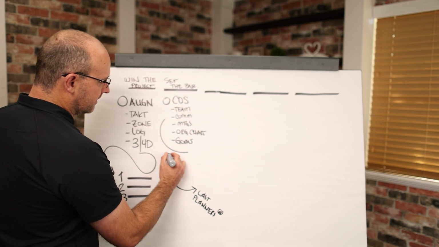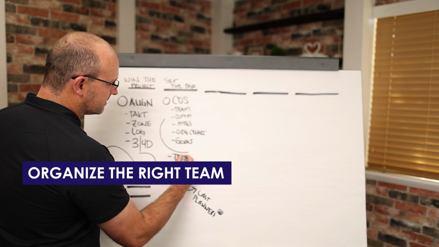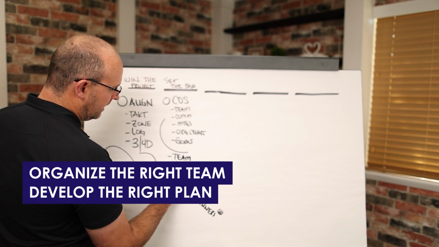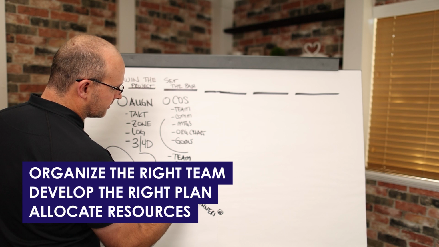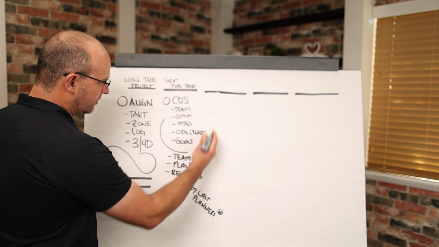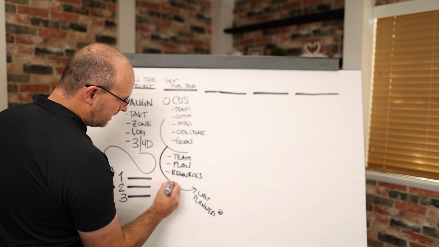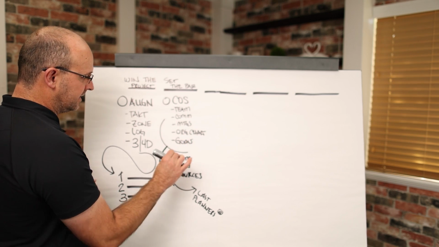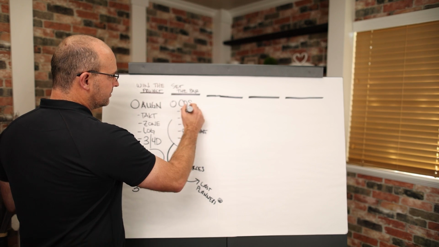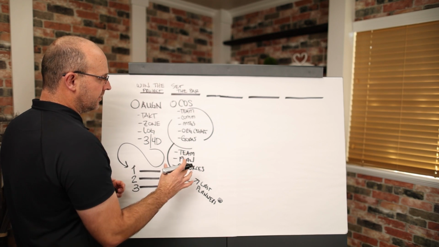If you want to enable them, you will always organize the right team, you will always develop the right plan, and you will always allocate resources. That is the pattern. If you want to know how do you as a team really enable the last planners, it's always team plan resources, team plan resources. And so this allows you to identify how you're going to do that.